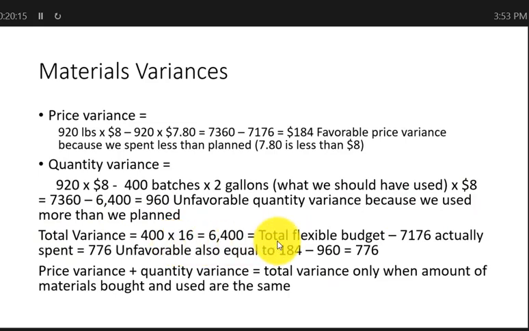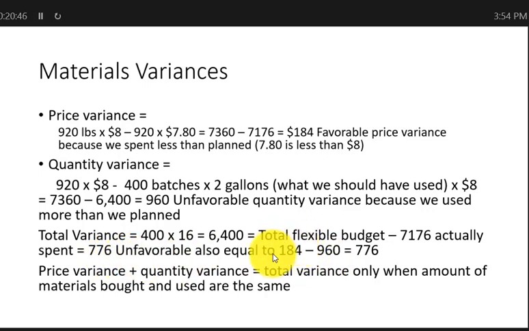So our flexible budget would have been $6,400. The actual amount spent was $7,176. That's the actual number of gallons times the actual price. So it was 776 unfavorable.